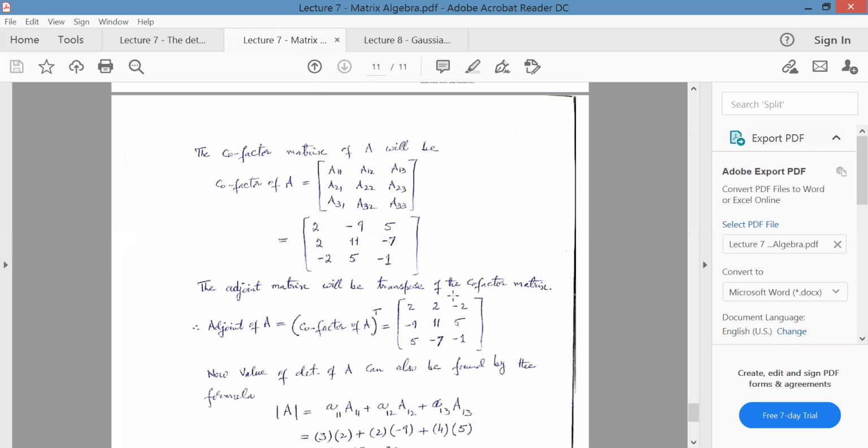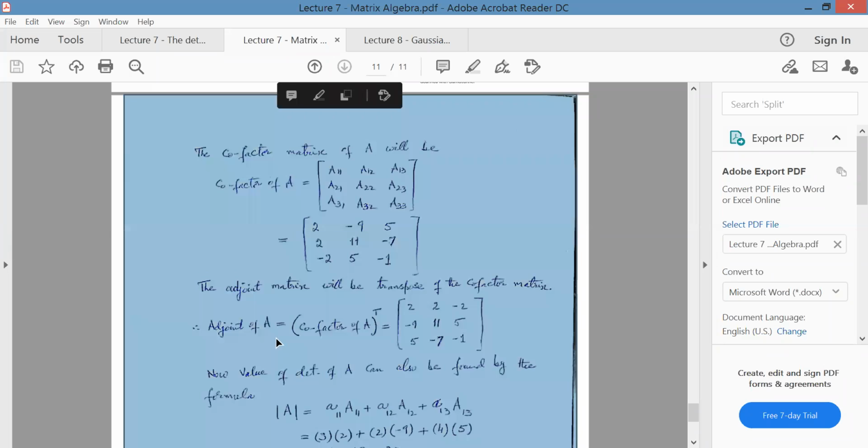Look at my cursor, I am moving it so that you can visualize on the screen. Okay, every row has been converted into columns. So this is the transpose of the cofactor matrix of A, and thus is equivalent to adjoint of A.